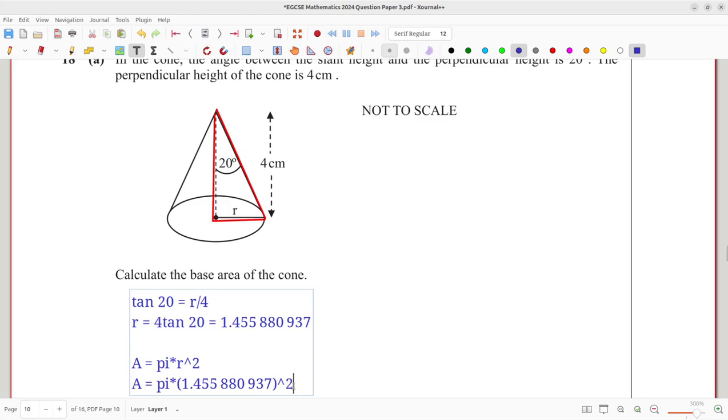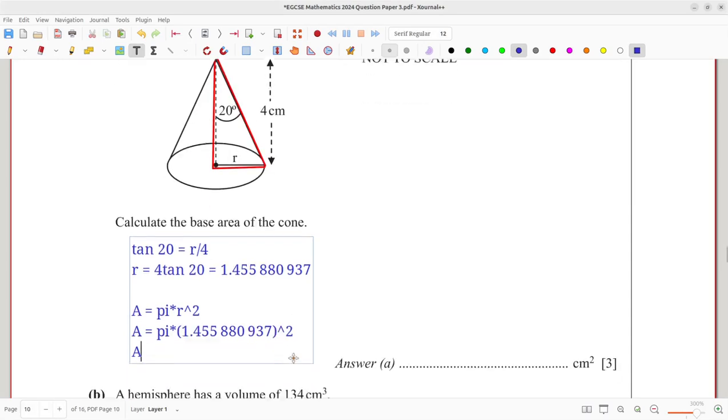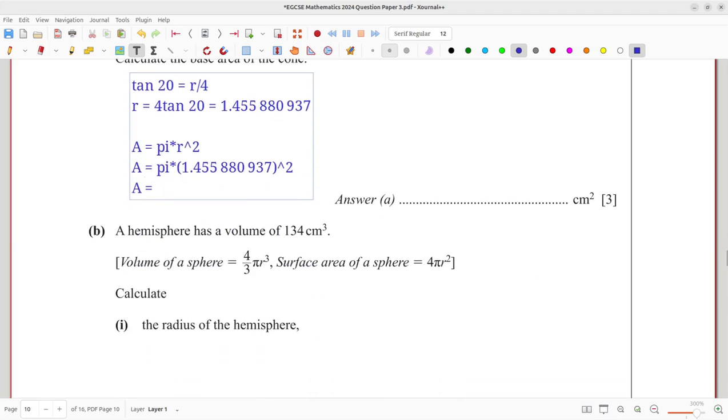What does it give me? 6 point, which is approximately 6.66 centimeters squared.